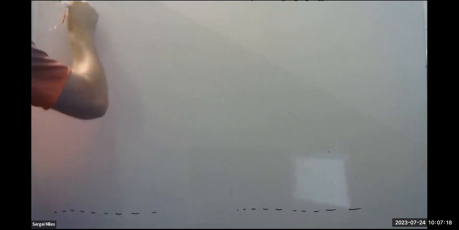We'll remember this theorem. We're going to use this more in a moment, but I just need more space on the board. All right, great. So some additional properties.